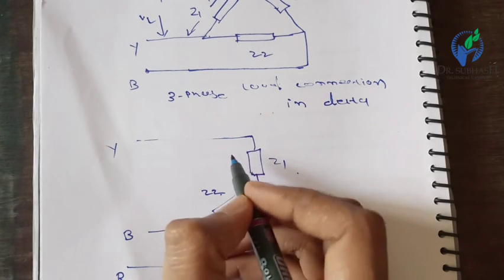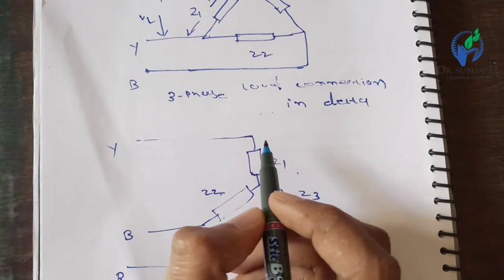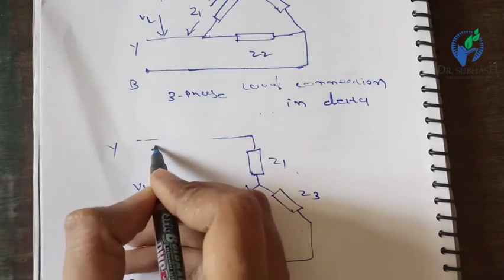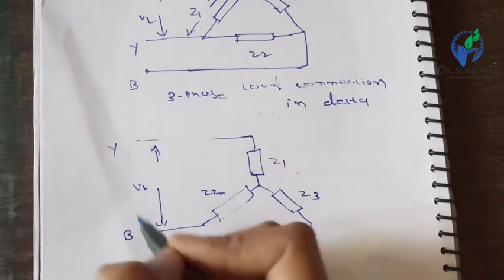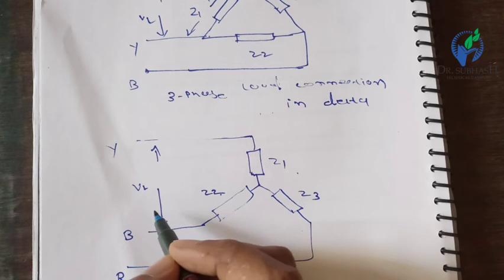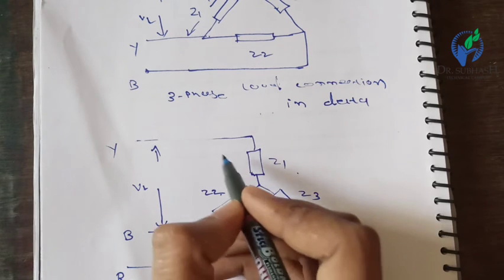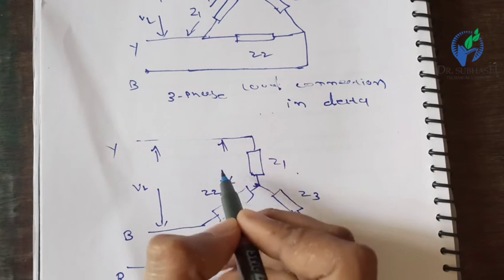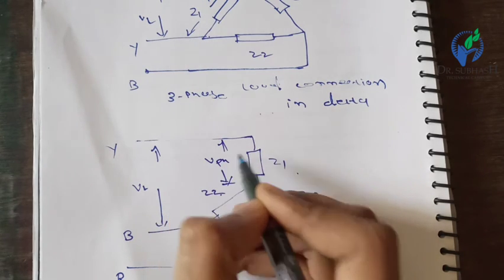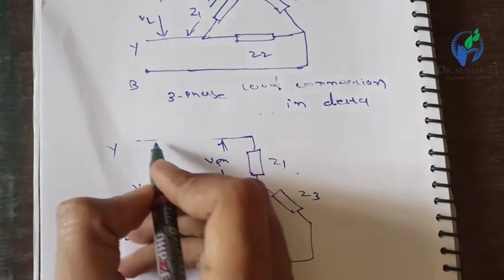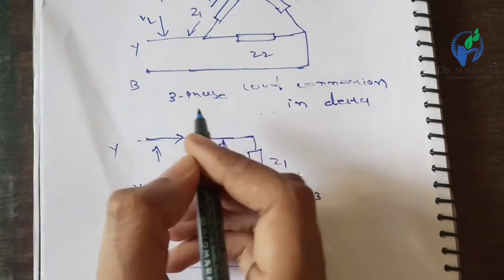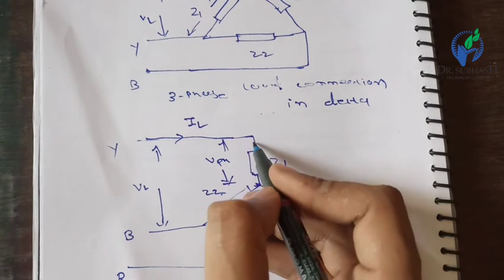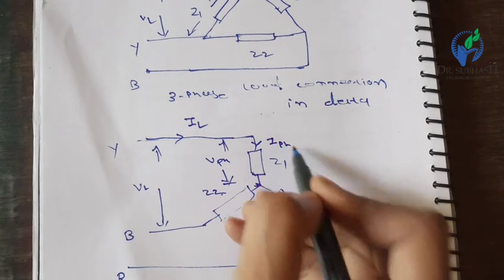The phase voltage and line voltage: VL is between the Y and B phases, and the phase voltage is VPH. The line current is known as IL, and the phase current is known as IPH.